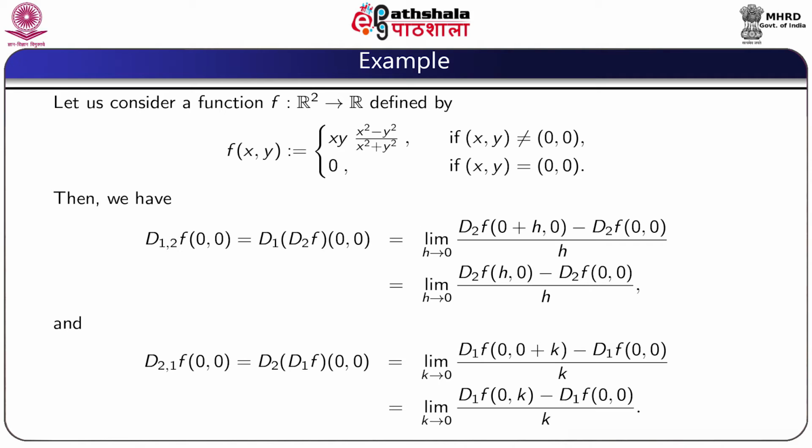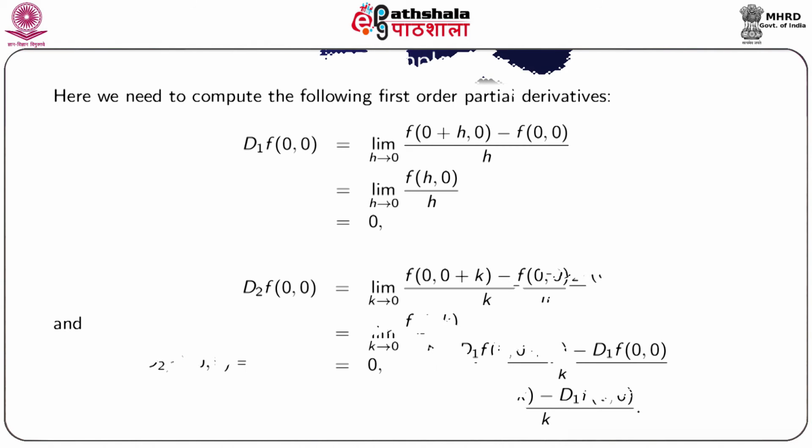If we look at these two expressions, it tells us that we have to calculate 4 first order partial derivatives: del f del y at the point (h,0), del f del y at the point (0,0), del f del x at the point (0,k), and del f del x at the point (0,0). So, we calculate them one by one.